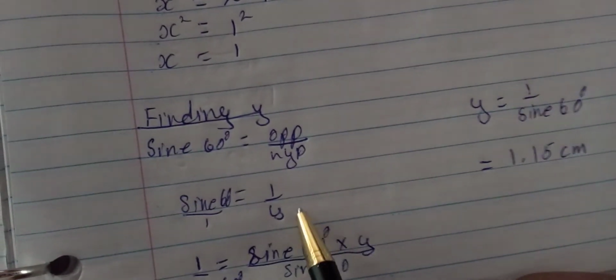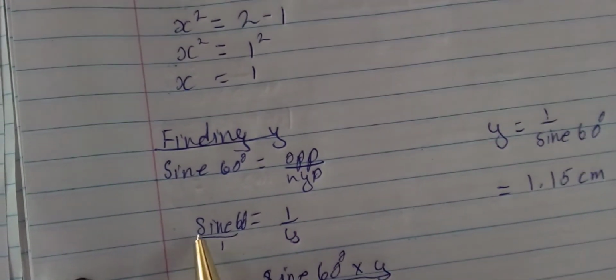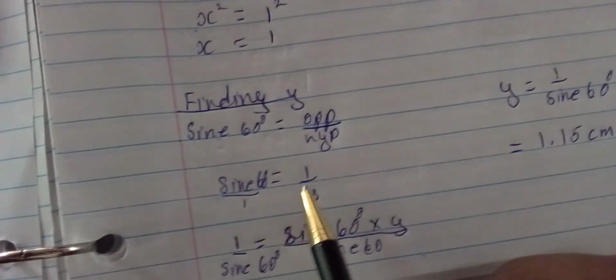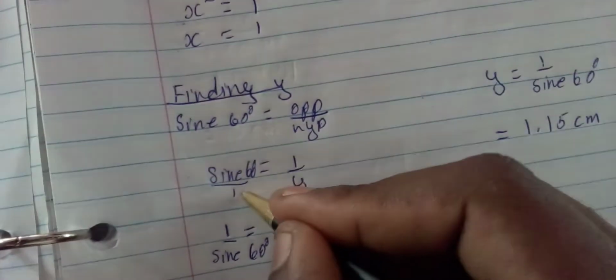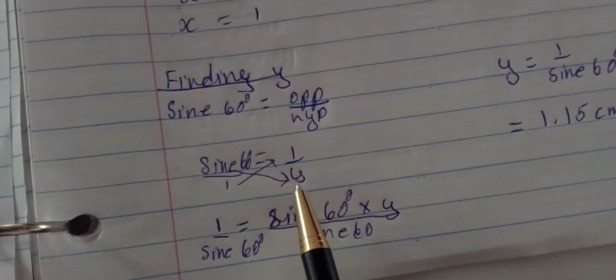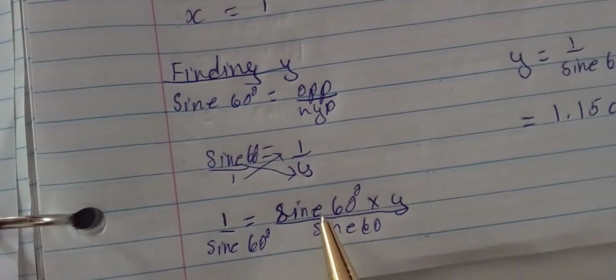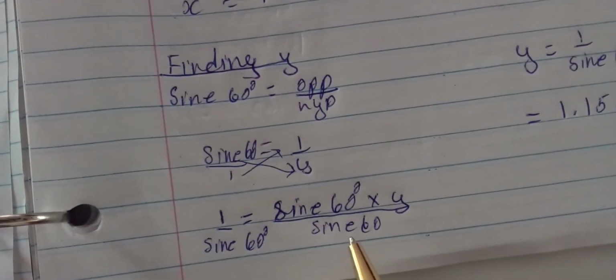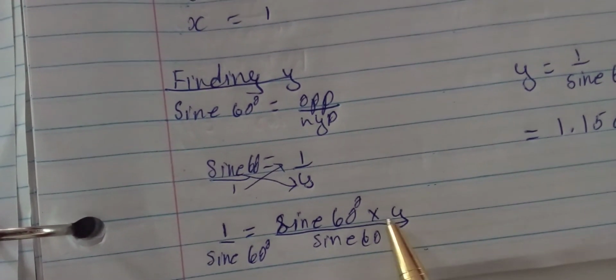the hypotenuse is y. I put this sine 60 over 1 to allow us to cross multiply. Remember when I was talking about cross multiplying, it makes it really easy to transpose. So y times sine 60, and 1 times 1, with the equal sign in between. The reason I put sine 60 underneath is because I want to get y by itself.